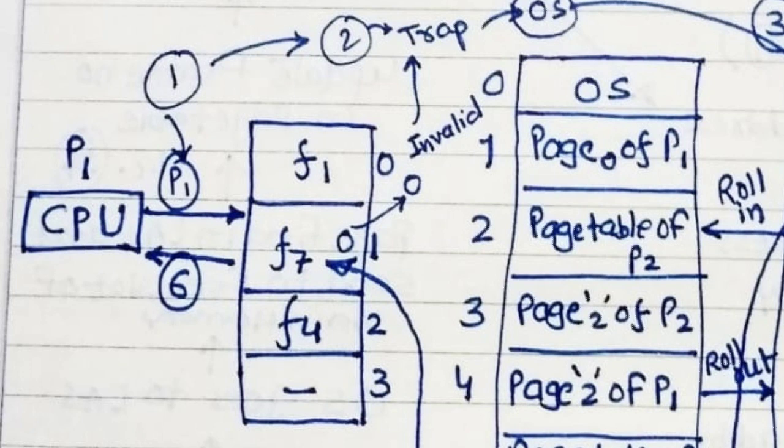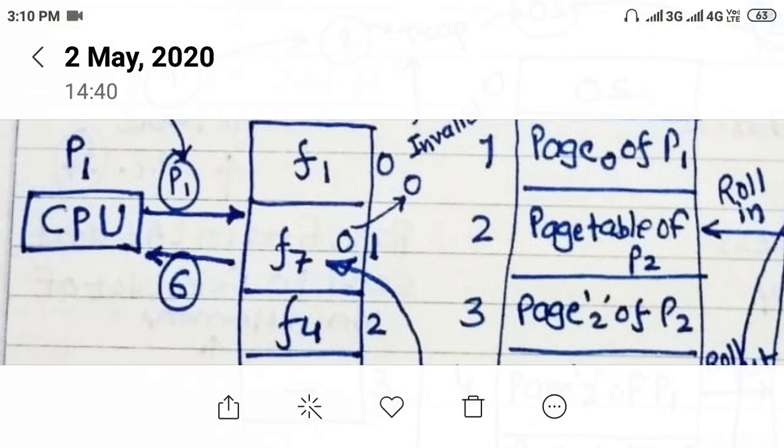If P1 is found in a frame and the data is available, it is provided to the CPU, and the process ends. But if the P1 page is not available in the page table, then in the second part it produces a fault, called a page fault or invalid reference.